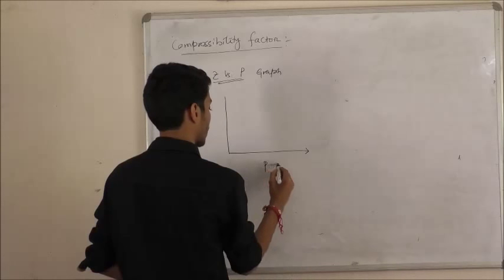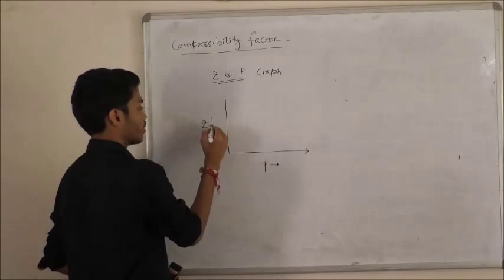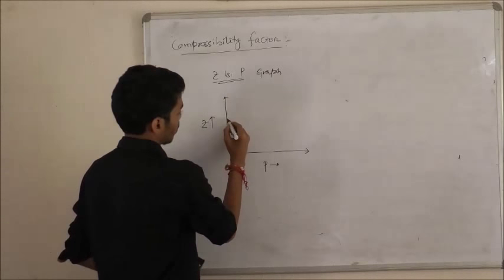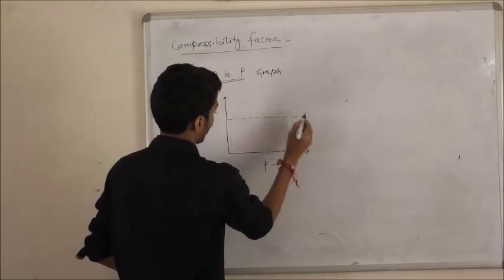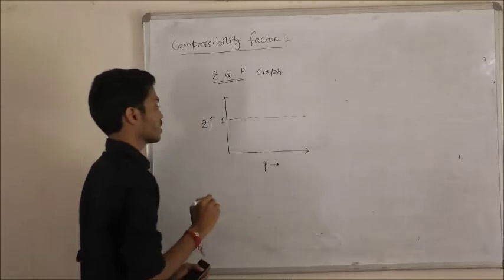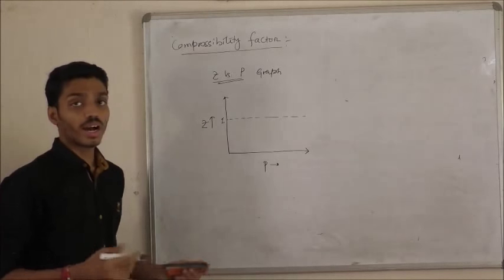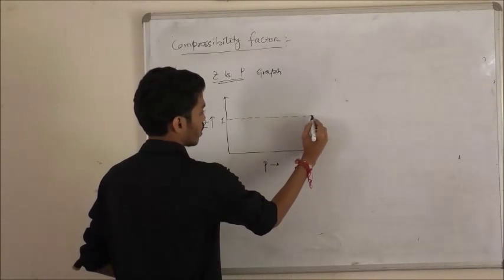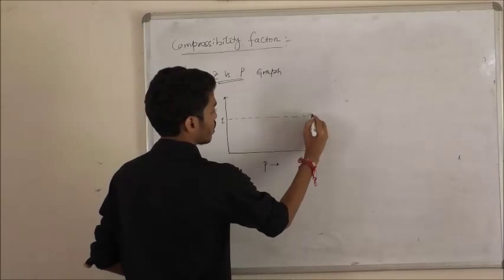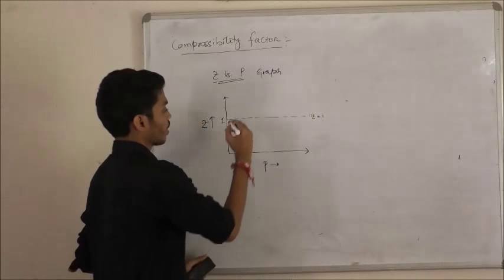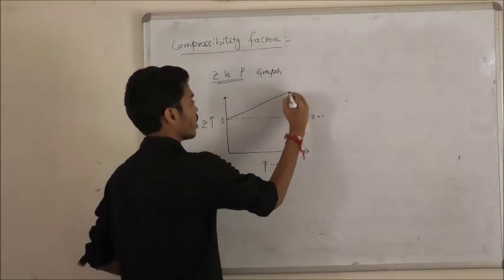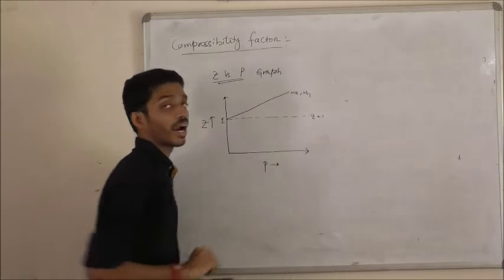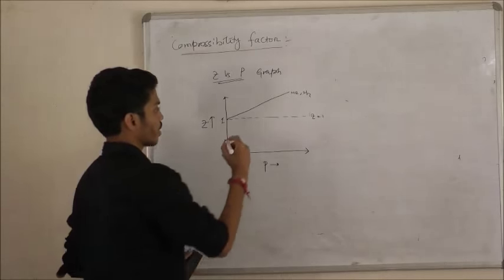Let's take pressure on the x-axis and compressibility factor, that is Z, on the y-axis. Let Z equals 1 here, that is the ideal gas condition. We will find this graph for helium and hydrogen gas.